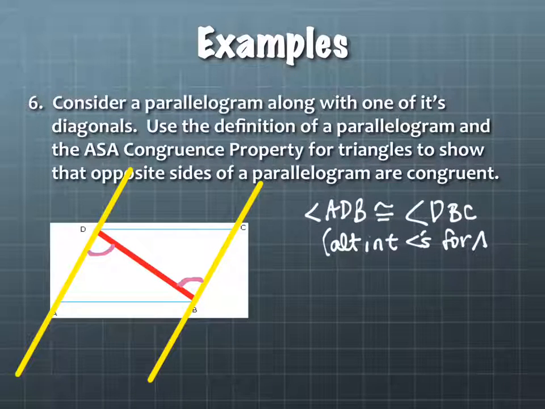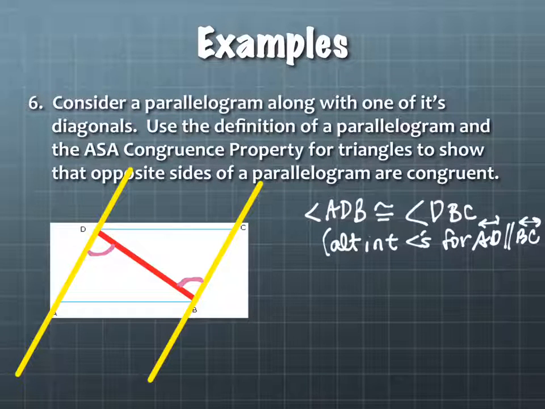AD. So segment AD, or you can even put line if you prefer here, either way, being parallel to line BC. Those are alternate interior angles for that pair of lines. Okay, everybody good so far?